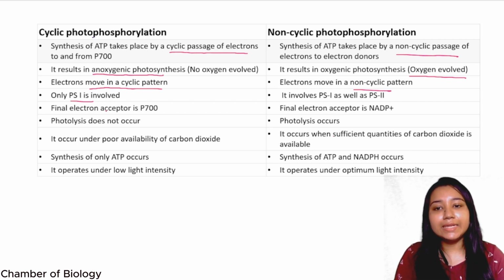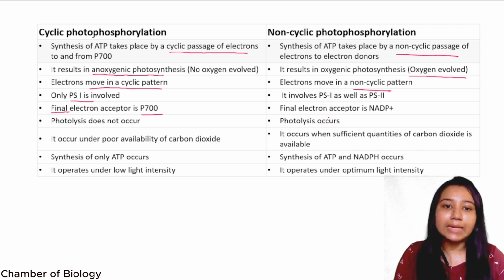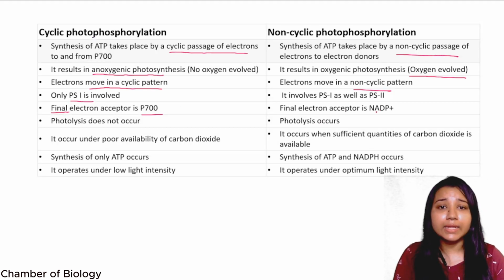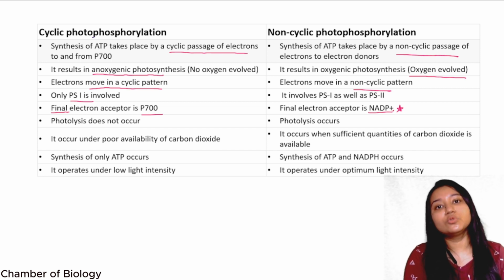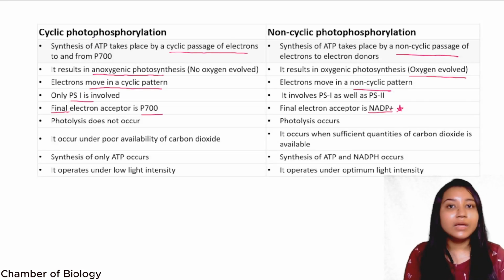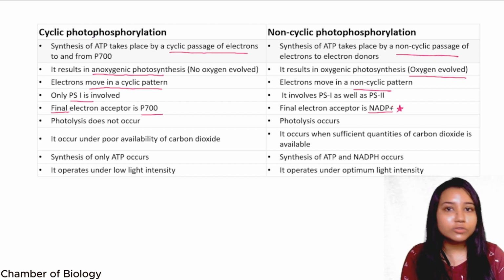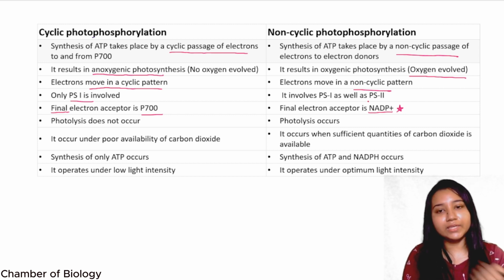PS1 is involved in the cyclic, and in the non-cyclic, both PS1 and PS2 are involved. Then the final electron acceptor is P700 in cyclic, and in case of non-cyclic, it is NADP plus. If you remember, when there is no NADP plus, then the non-cyclic photophosphorylation is not going to take place. So we will see cyclic will take place.